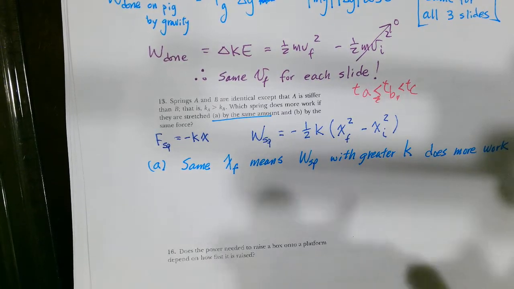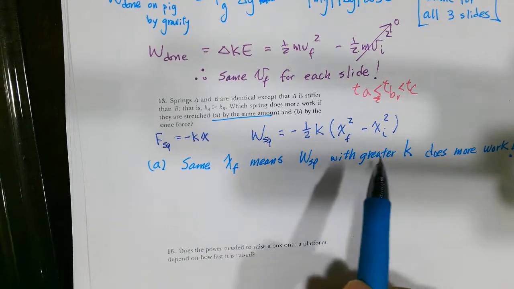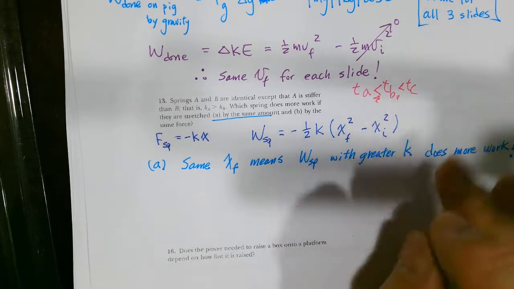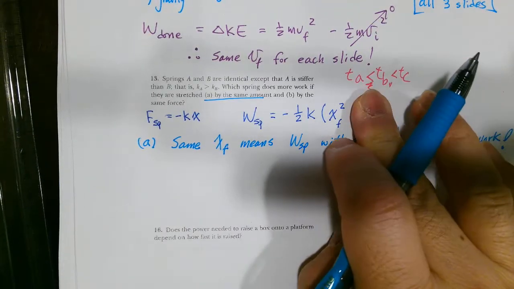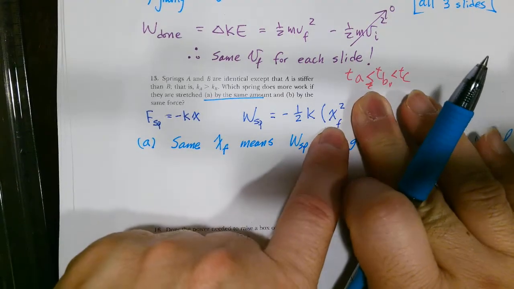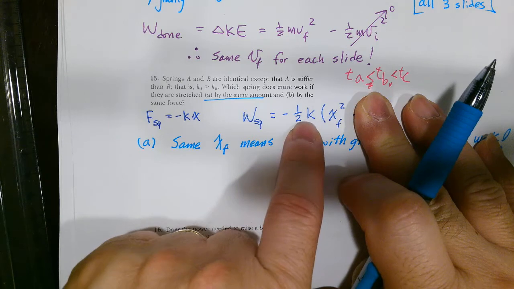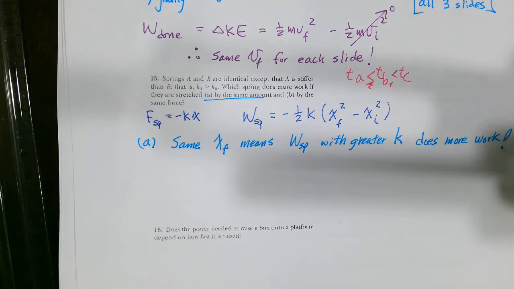Okay? Why? Because if your initial unstretched position is 0, then since it's going to be the same amount of stretch, whatever the K value is greater is going to be the one that's going to do more work. Right?